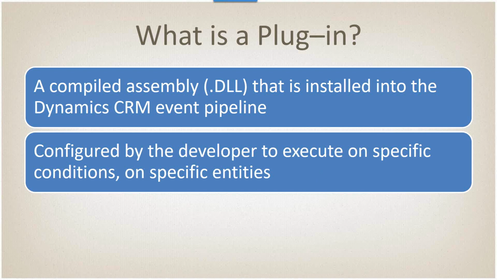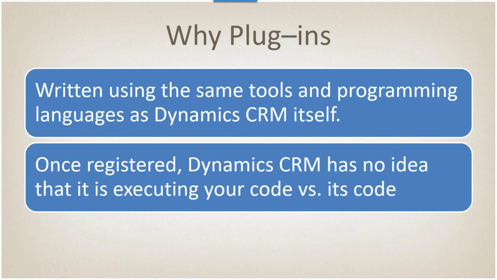You take the DLL, you register it using the plugin registration tool, and what that does is it adds it to the system, so that CRM executes your code just the same way that it does its code. Once a plugin has been registered within the system, it really doesn't know it's executing your stuff versus its stuff. In fact, Dynamics CRM/365 actually uses plugins to do their own work.